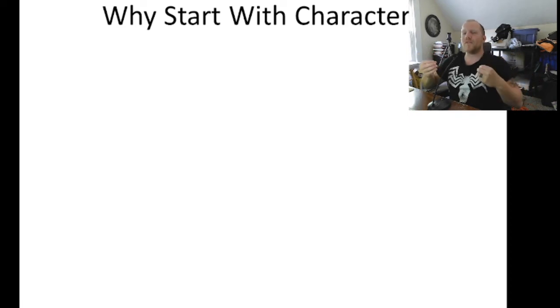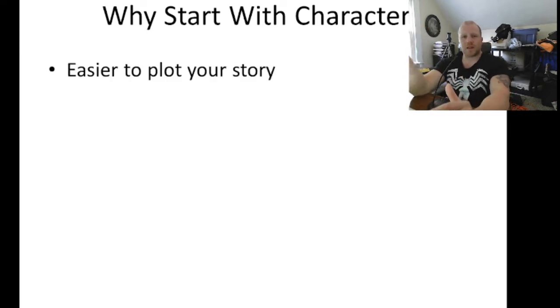And if you have an okay understanding of characters and motivations, if you already have that implicit idea, if it's just ingrained in you from repetitive practice, then you can maybe sort of pants your way into an okay story. For most of us, though, that is a recipe for disaster. So what I advocate for is when you decide to start a story, begin with the character instead. Main reason is it makes plotting your story easier.